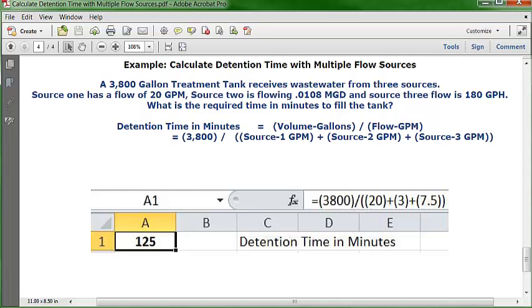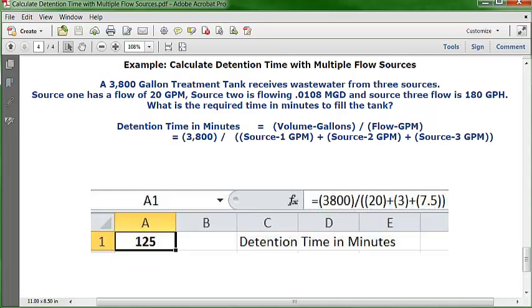So if you open up a blank Excel spreadsheet, in C1 you can type in detention time in minutes, which is the answer. In A1 you can put your cursor in there.